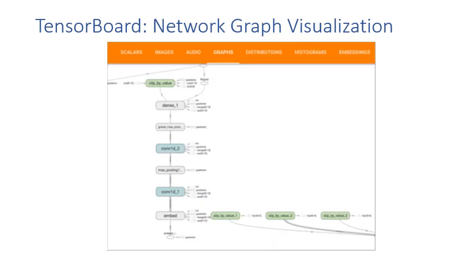TensorBoard can also be used to visualize the network graph of your model. It's very helpful for debugging because it's very hard to debug the source code if your network is very large and complicated. However, by visualizing the graph, you can easily see the connection error.